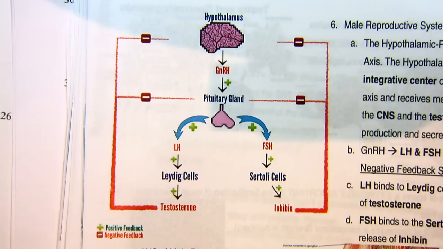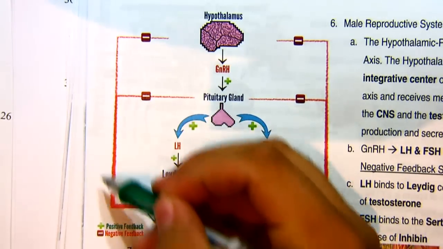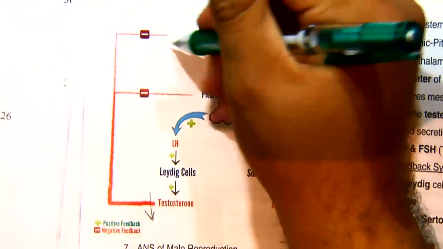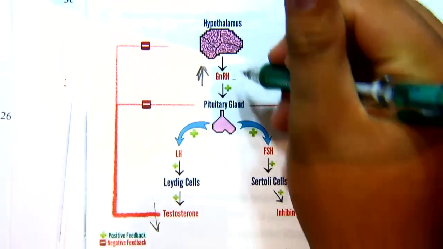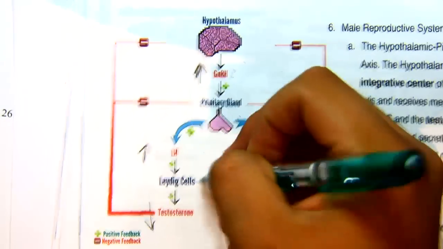Everything physiological is homeostatic, so everything has to be in homeostasis. When we have a decrease in testosterone, that's going to tell the hypothalamus to increase GnRH, and by increasing this, we're going to increase our LH, and so on and so forth.